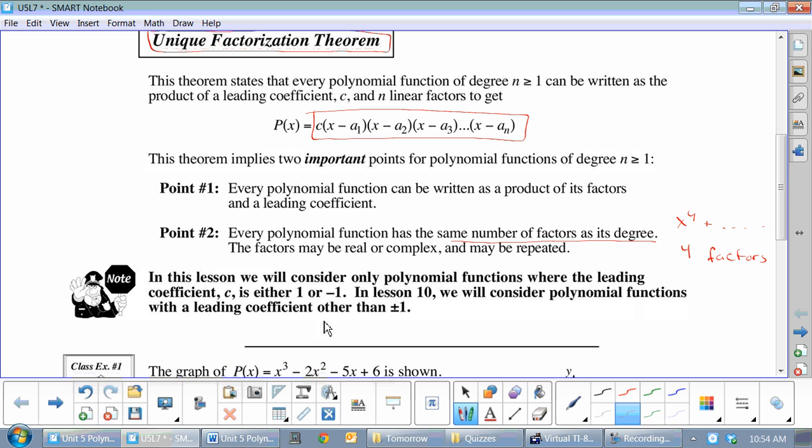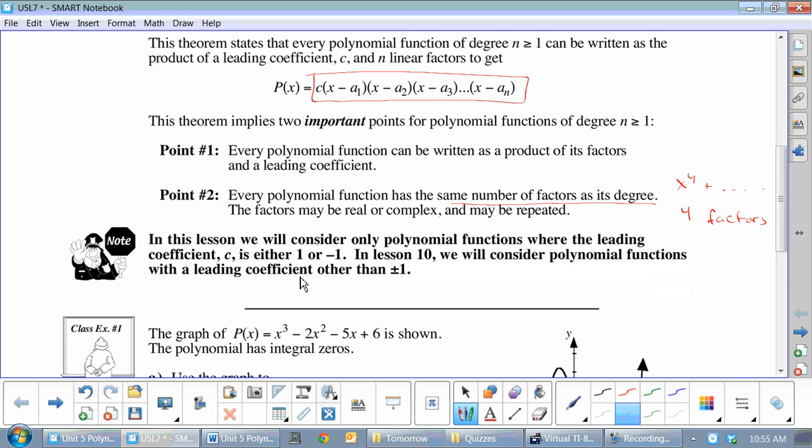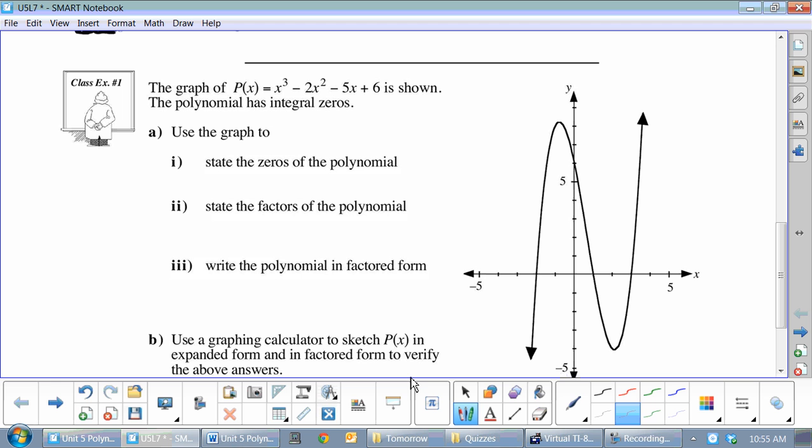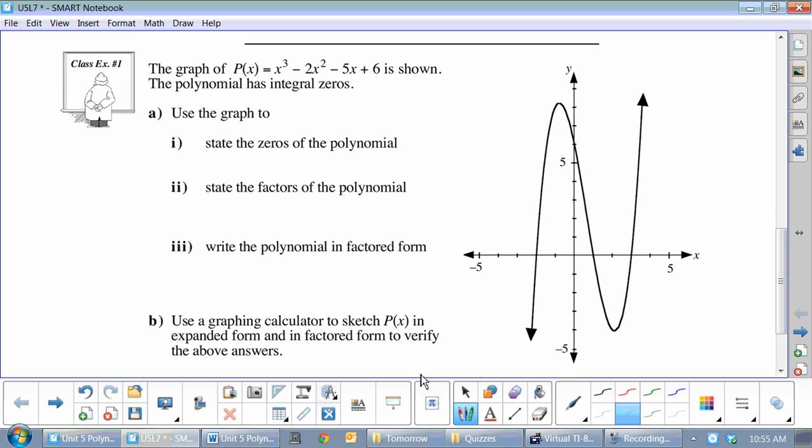Okay? Now, if the leading coefficient is positive or negative, that gives a lot of evidence of how this graph should be. Now, let's just look at this graph right here, because this kind of is 100% review. You could probably have done this exact question in grade 10. So, what would be the zeros of this polynomial?